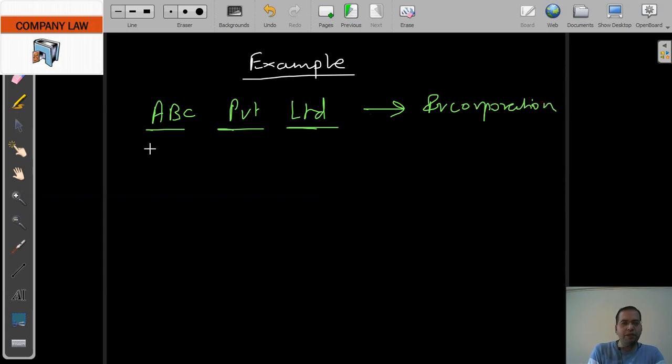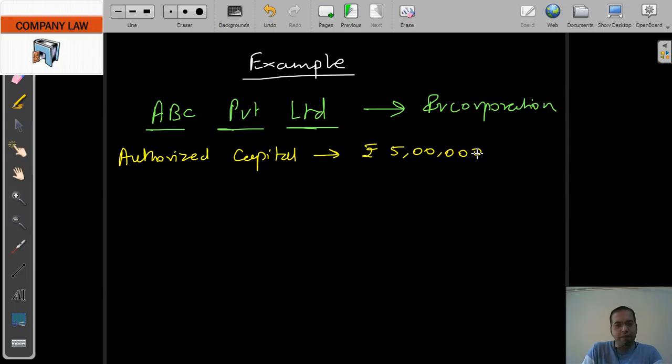Now, which capital will come first? Let's assume that the company decides it will have authorized capital. So the company is coming up for the incorporation with authorized capital of rupees 5 lakhs.